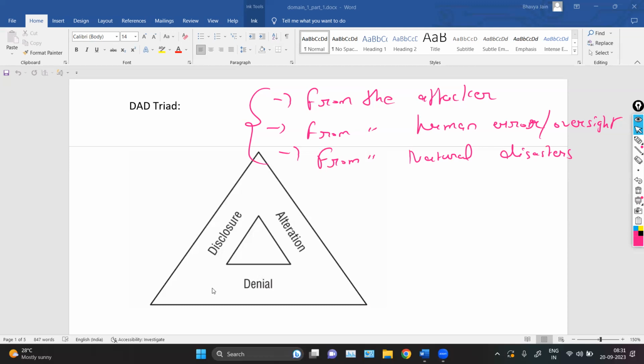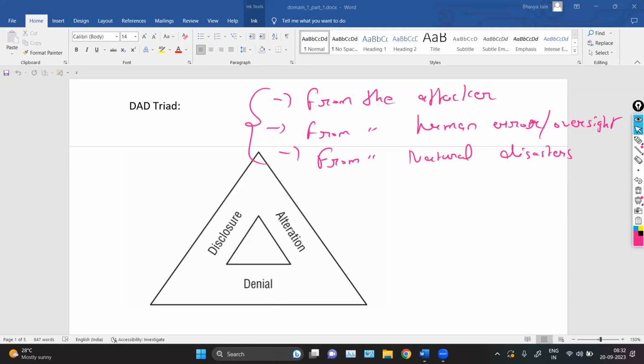We cannot say that protecting the data from the attacker is the only thing we have to be concerned about. It is also protecting from human error and from natural disasters. You have to take these three things together in information security.